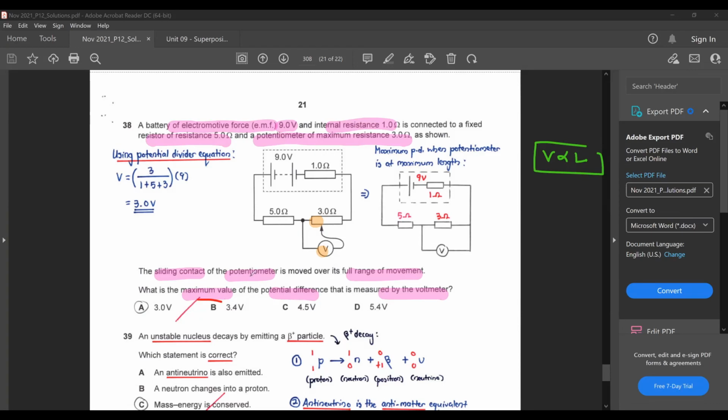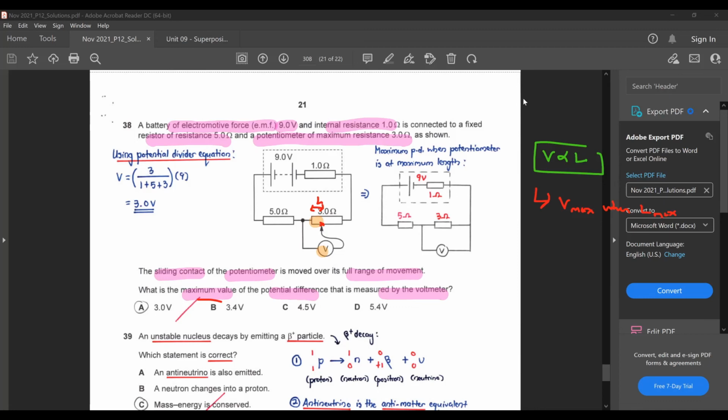maximum value. Okay, so here I know V is proportional to L. If L is max, V is max when L is max. So my contact, this one, if this one is my length L, in order to get maximum PD, I need to get the largest possible length.